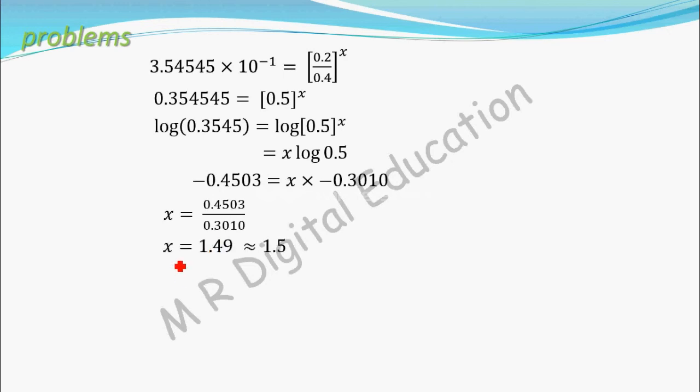Divide this, you will get x equal to 1.49, that is nearly equal to 1.5. So order with respect to reactant A is 1.5. You have calculated: order with respect to B is 0 and order with respect to A is 1.5. That's it, this problem. Thank you.